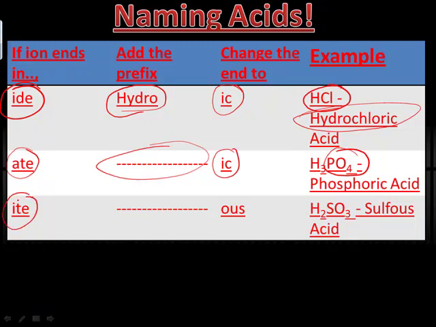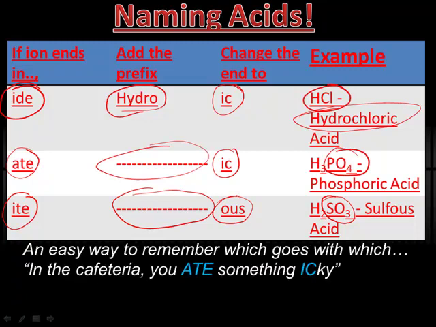So, like in this case, SO3, that anion group, the one that's not the H's, is called sulfite. So again, there's no prefix for this one. So it's still sulf, but instead of sulfite, it goes to ous. It becomes sulfurous acid. Little hints or tricks of how to remember these.